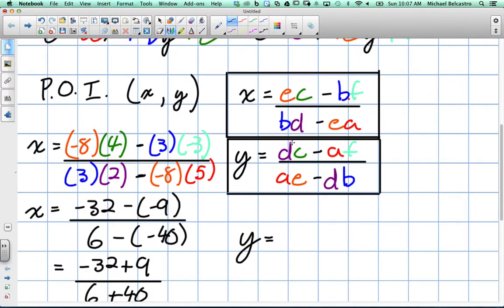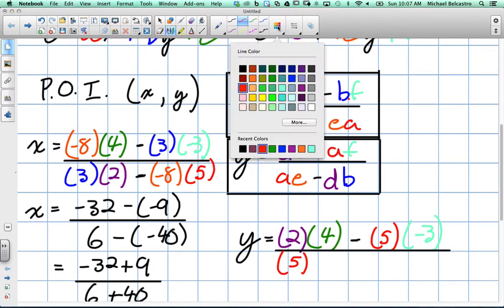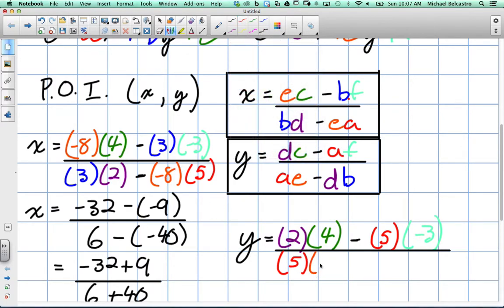Our y value is our d, and we knew our d is 2, that's why I color coded, so I don't have to jump up as much, times our c, which was 4, subtracted by our a value, which was 5, times our f value, which was negative 3, and all of that will be divided by our a value again, which is 5, times our e value, which was negative 8, subtracted by our d value, which was 2, times our b value, which was 3.